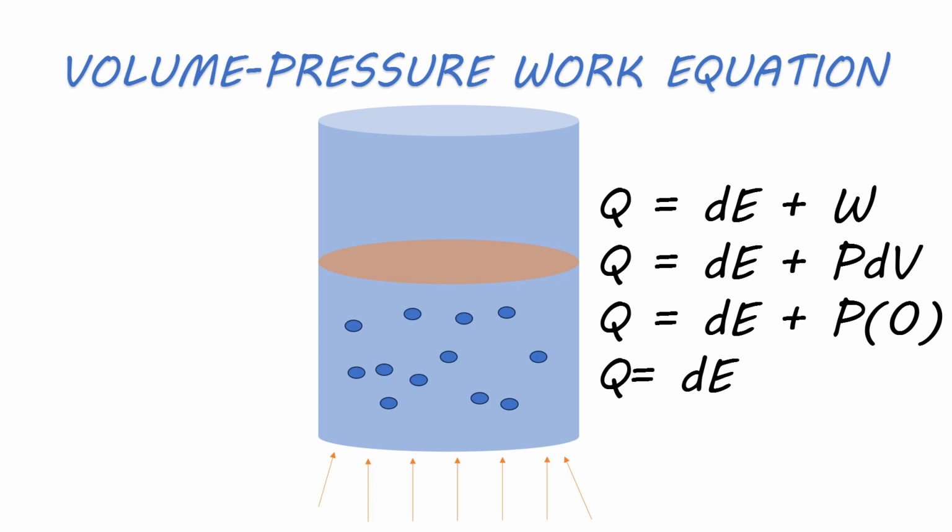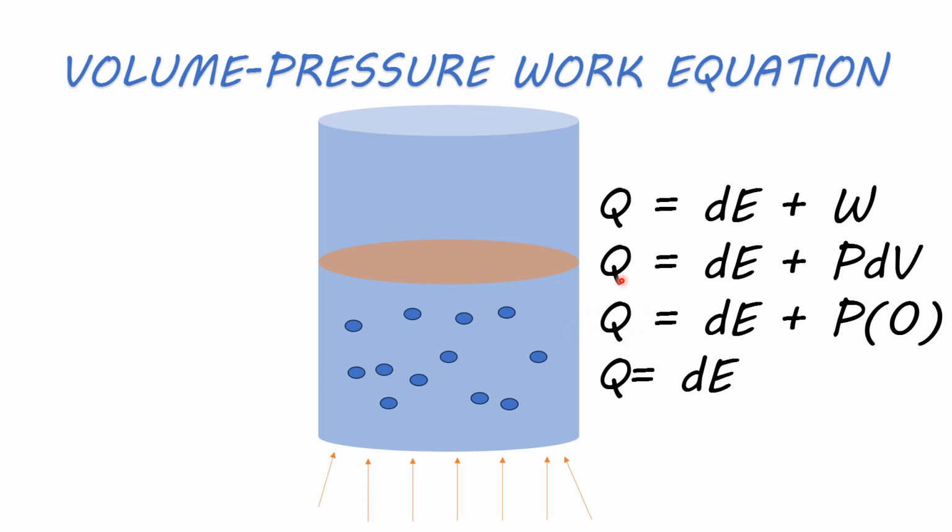Now here, we all know that Q is equal to del E plus W, in which the first law of thermodynamics states that Q is also equal to del E plus P, pressure, and del V, change in volume.